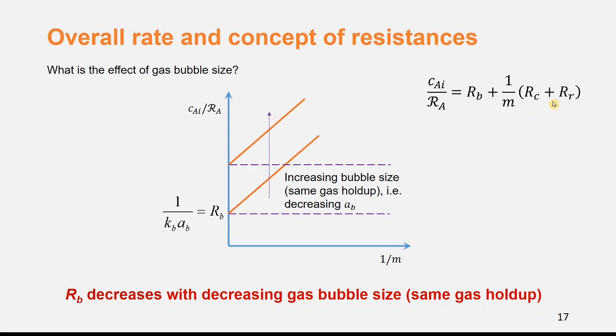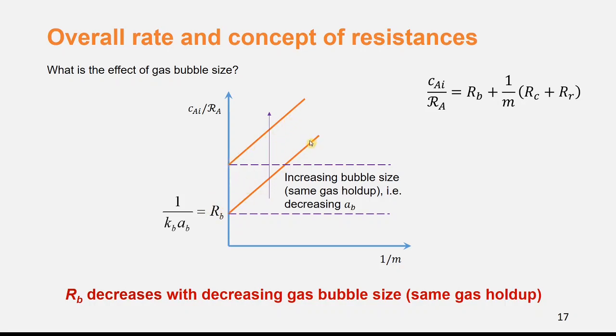The size of the gas bubbles does not affect the resistance due to external diffusion, internal diffusion, and reaction. What it affects is the resistance due to gas absorption. So here we can see that the y-intercepts, which are equal to the gas absorption resistance, Rb, are different for the different gas bubble size.